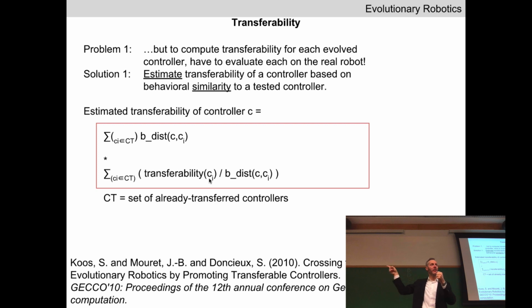How well did that other controller transfer from simulation to reality? So that number is going to be bigger if it transferred well. And we divide it by the distance between the current controller that we're trying to estimate transferability for and the CI. What behavior did it produce in simulation? Why are we dividing by the distance between those 2 things?